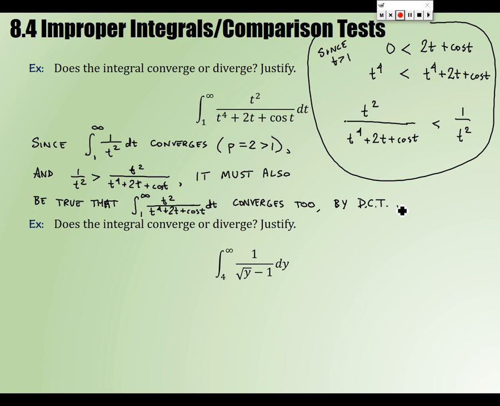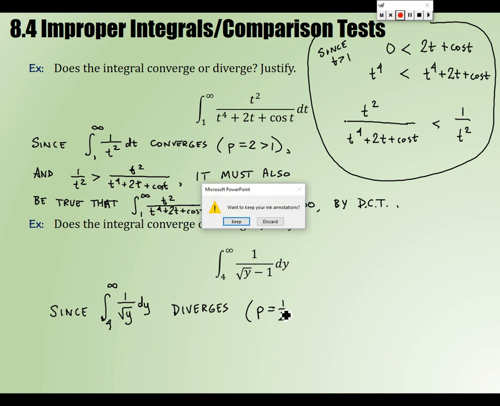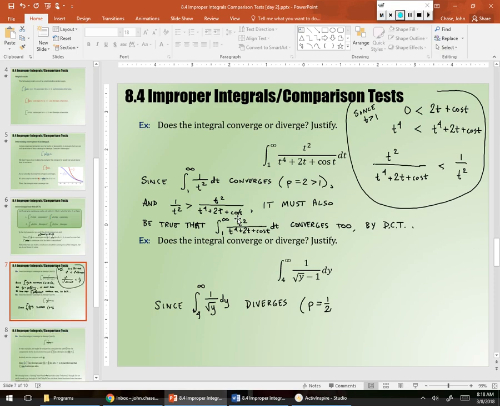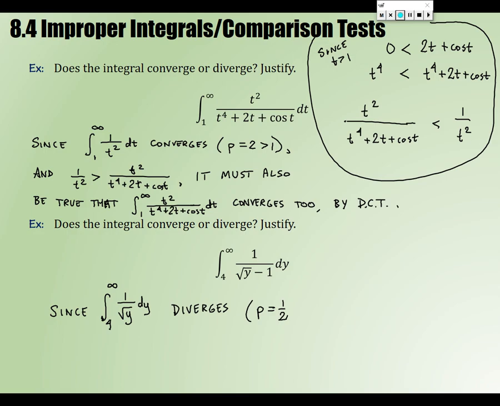Okay, so here we go. Since the integral from 4 to infinity of 1 over root y dy diverges because p is 1/2, which is less than or equal to 1, that's the test we established earlier.